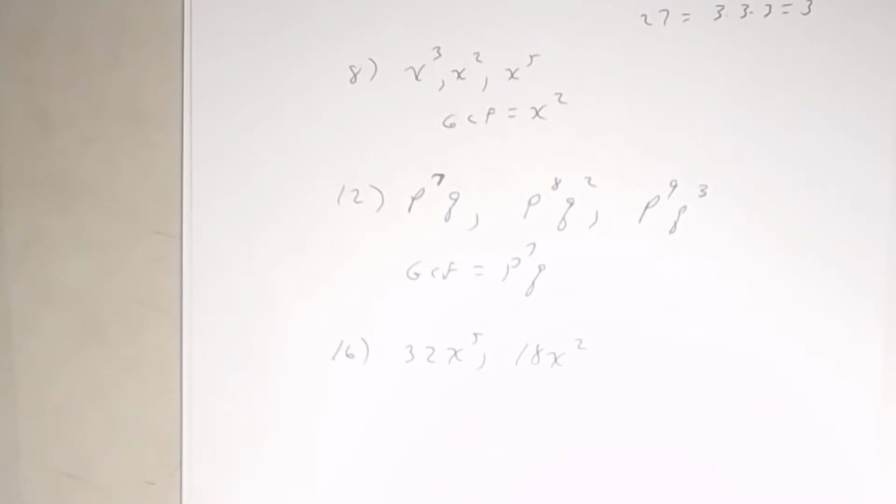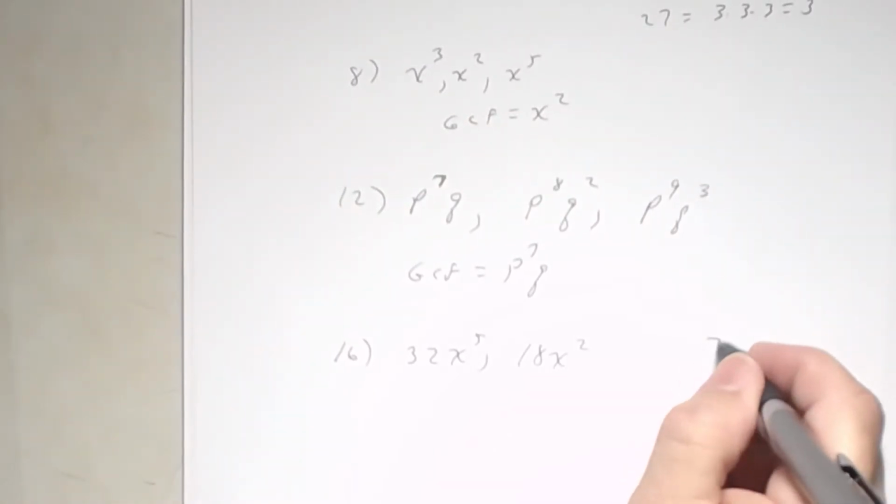What's the GCF of 32 and 18, do you think? 2. Okay, you think it's 2? Yep. All right. So they're both even, right? So 2 has to be at least one of them.